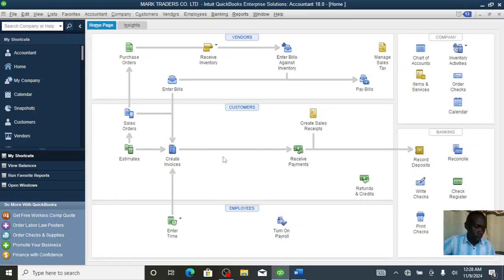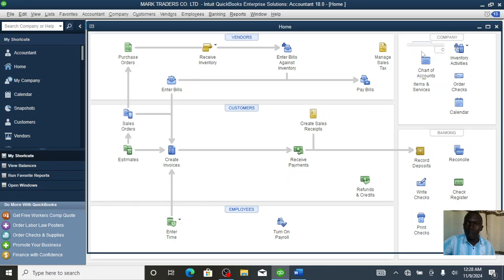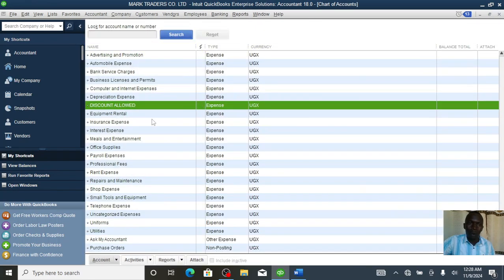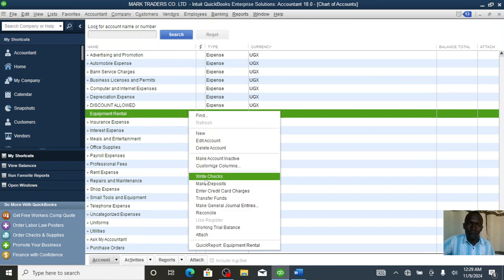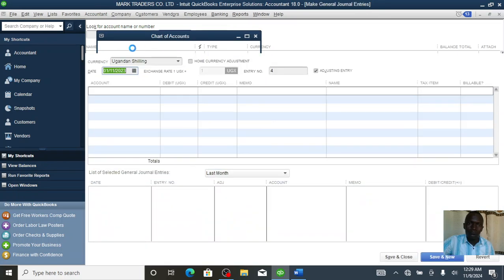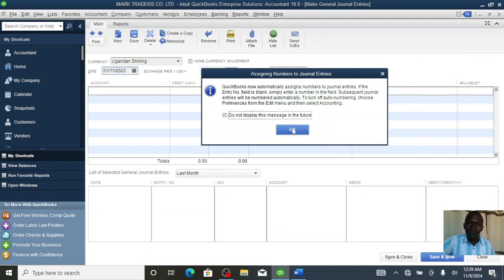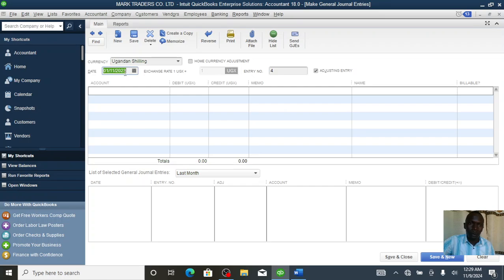Our next is create the following expenses by check. You go to chart of accounts. We right click, we make journal. Okay, the date is not given.